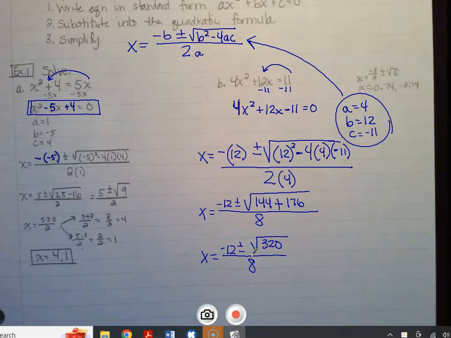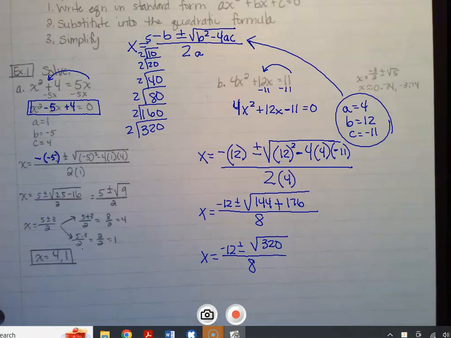Let's see then. Kind of like yesterday, we need to look at our 320 to find out how to simplify this. So if I divide by 2, I'm going to have 160, right? Divide by 2 is going to give me 80. Divide by 2 is 40. Divide by 2 is 20. Divide by 2 is 10. Divide by 2 is 5.